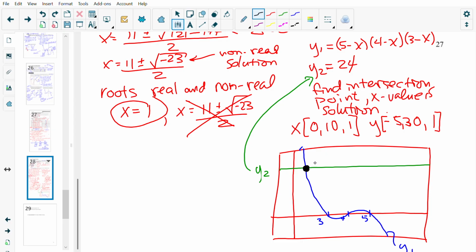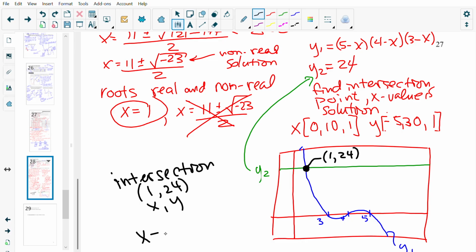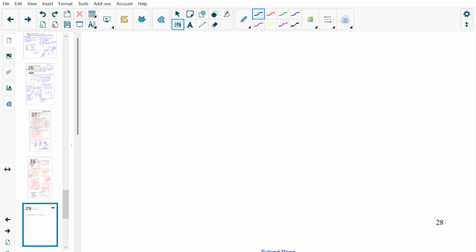Okay, and then the intersection point, this point I get is 1, 24. And then the x value, x equals 1 foot, is my solution. Last page, folks. Yes, almost there.